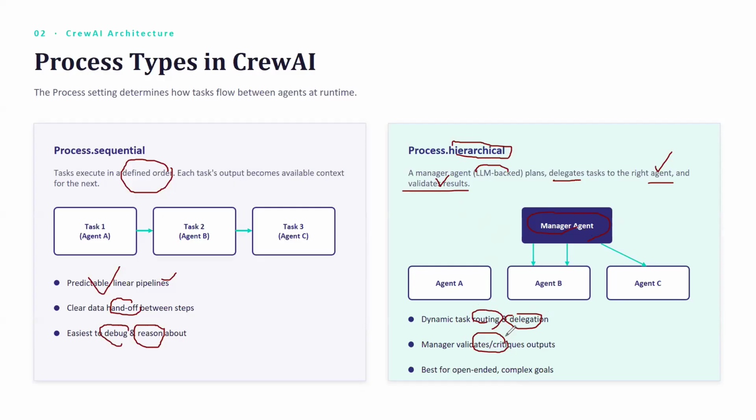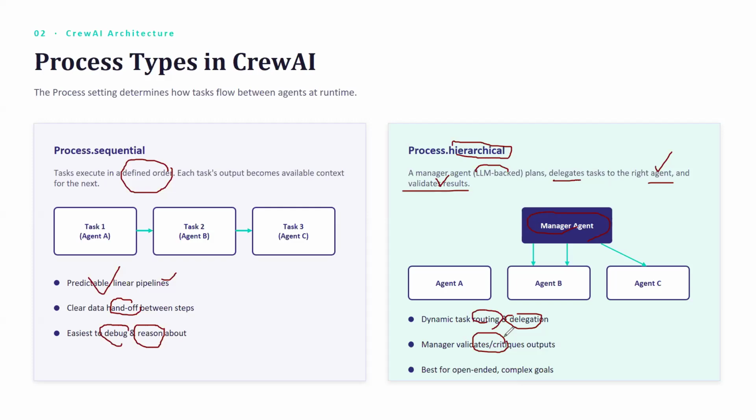If your task is open-ended, for example, if you are working on a research kind of agent, or say you're writing some essays, it's open-ended, right? In that case, you need a validator agent to validate your responses.